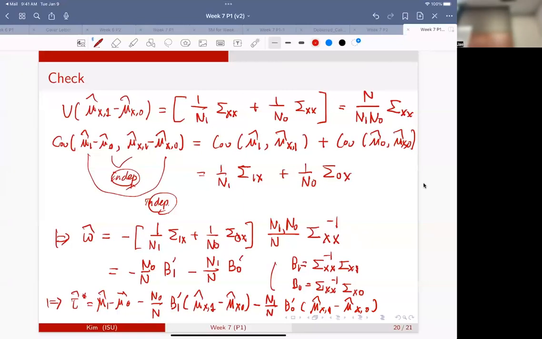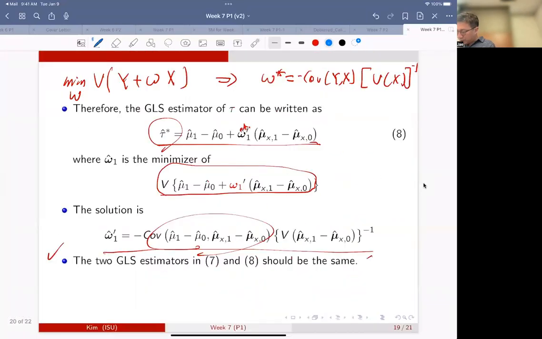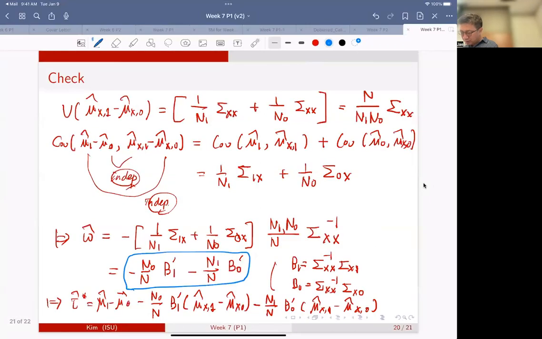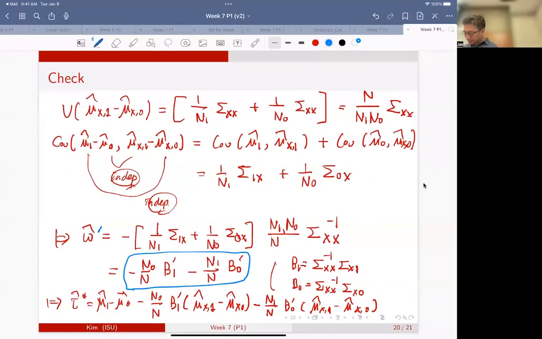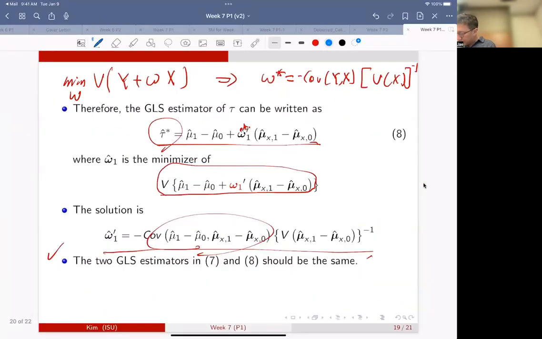So what I did was simply use this one and plug into here. Actually, this is prime, right? Prime. So that we can plug in, and then we obtain.